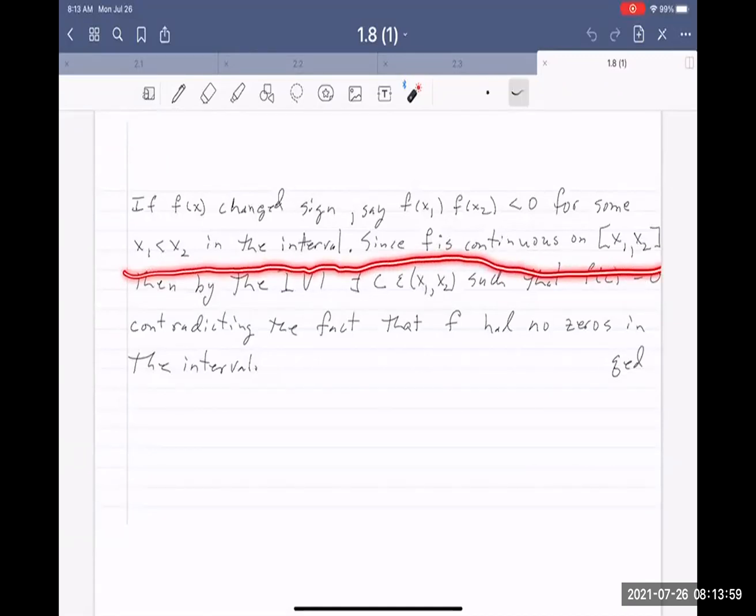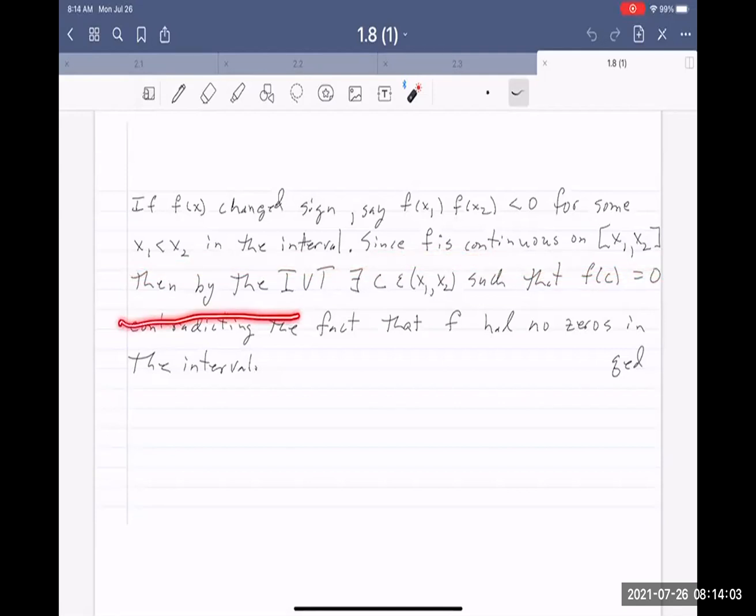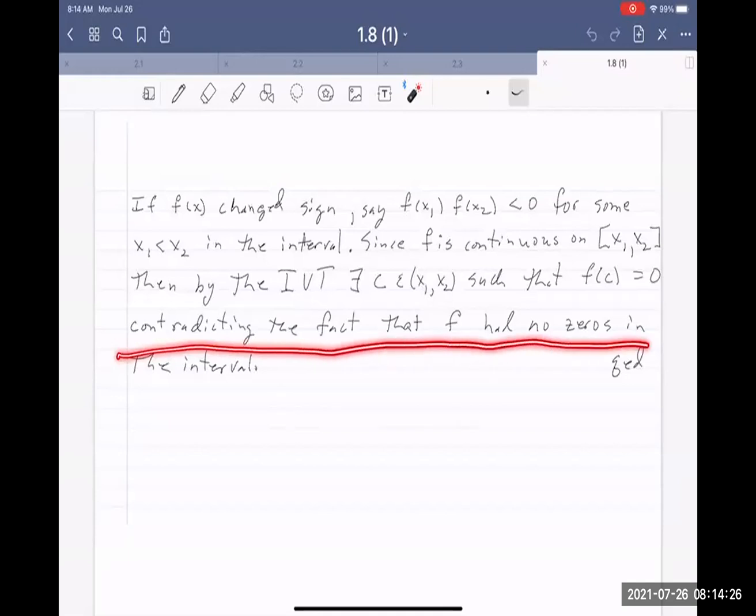Since f is continuous on the closed interval from x1 to x2, then by the intermediate value theorem (I'm just lazy, I wrote IVT to represent the intermediate value theorem), there exists a c in the open interval from x1 to x2 such that f of c is equal to 0. And this contradicts the fact that f has no zeros in the interval.